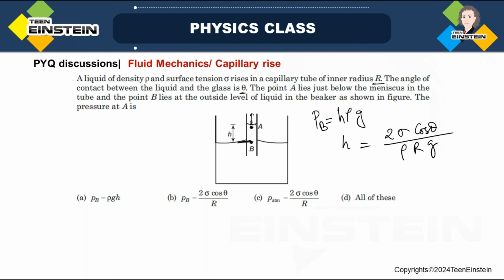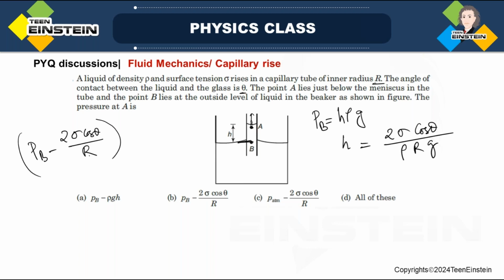This excess pressure is 2 sigma cos theta by R. That means PB minus this will be the excess pressure at this particular point. PB is the atmospheric pressure and here it is the excess pressure.